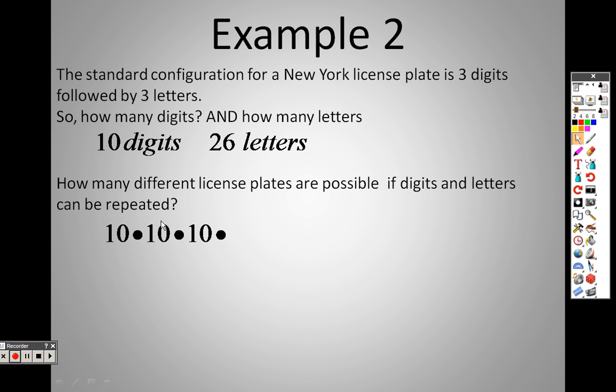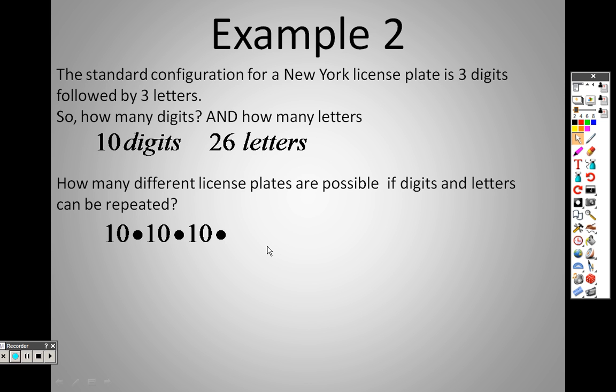The second number, I still have 10 choices because I can choose any number I want. The third number, I can choose between 10 again, because it doesn't matter if they repeat. So I have 10 digits to choose from for the first one, 10 for the second one, 10 for the third one.